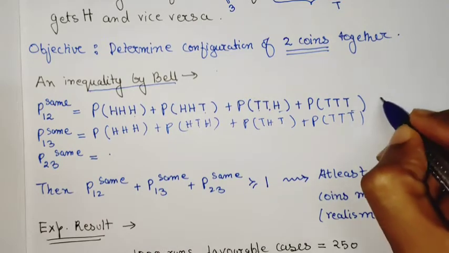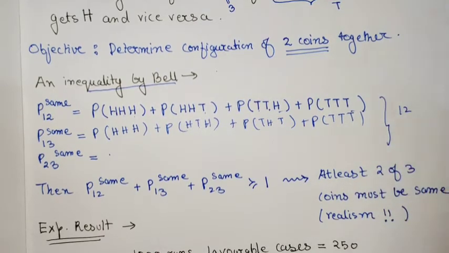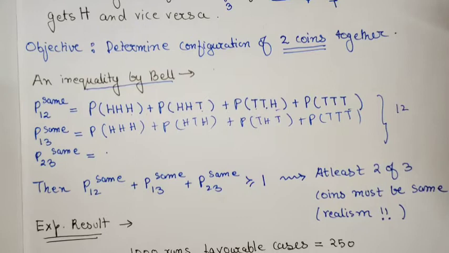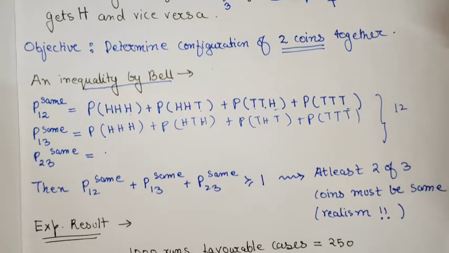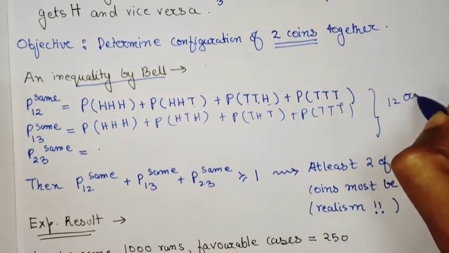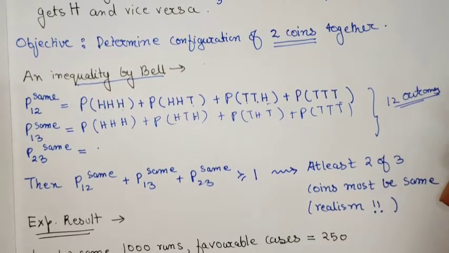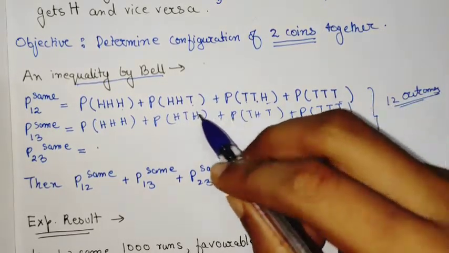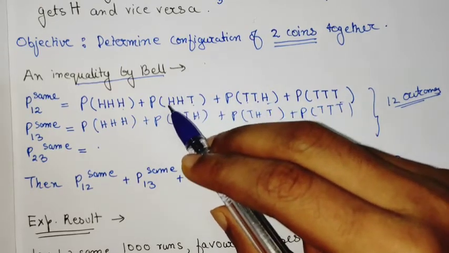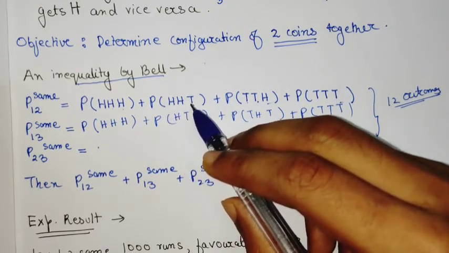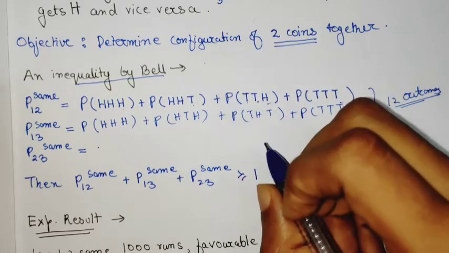And you can see there are 12 outcomes, 12 probabilities, and out of these, the distinct outcomes can only be 8, because there are 3 coins, so it is 2 to the power 3.